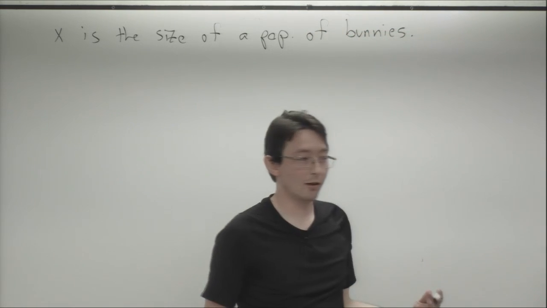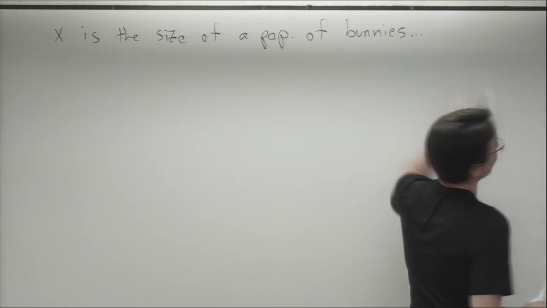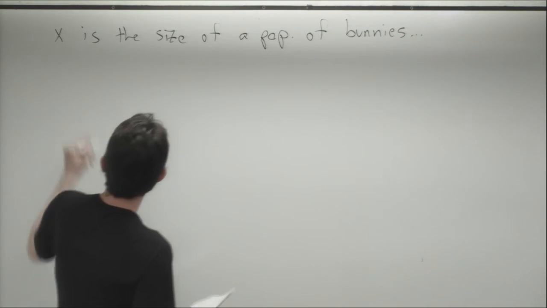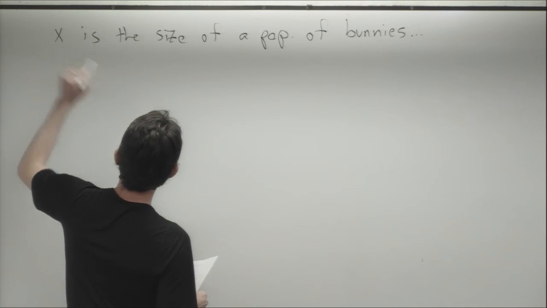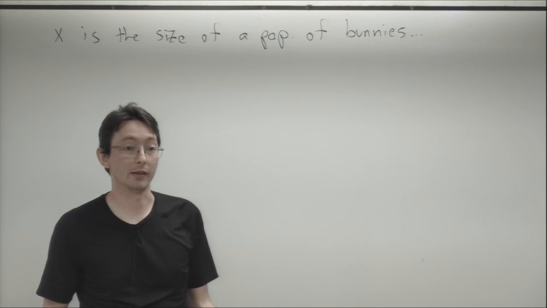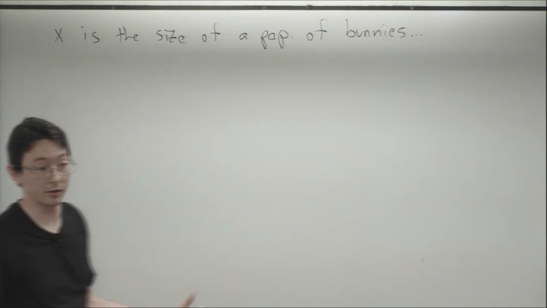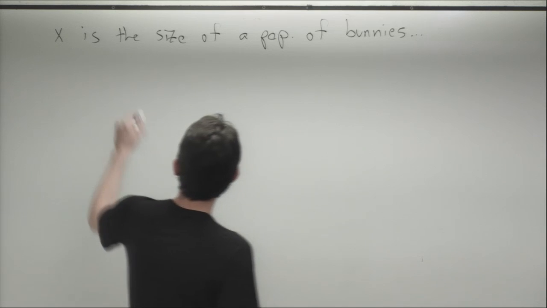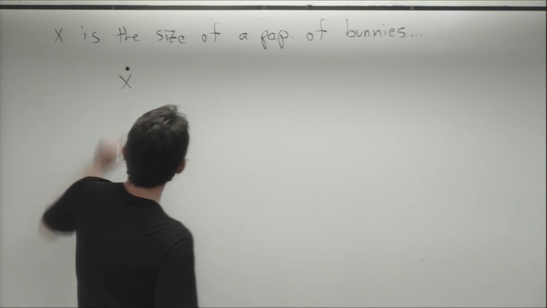And what do we know that bunnies like to do? Procreate, right? Bunnies procreate. And so what we have is the size of the population, x, changes at a rate that's proportional to the size of the population. The more bunnies, the more procreation, the more baby bunnies. And so the population changes in time.